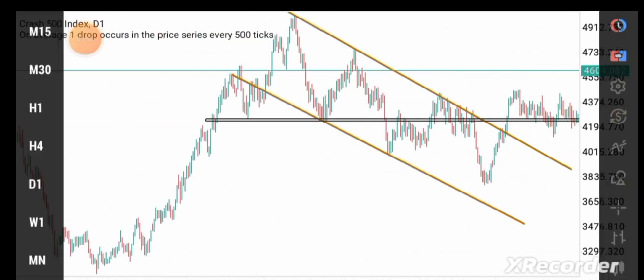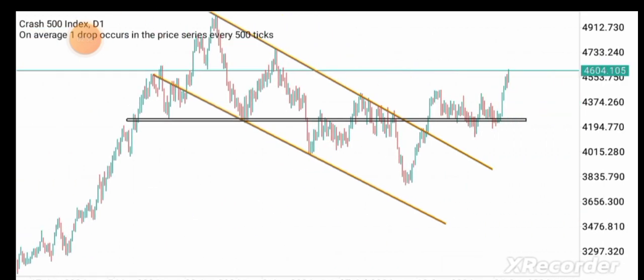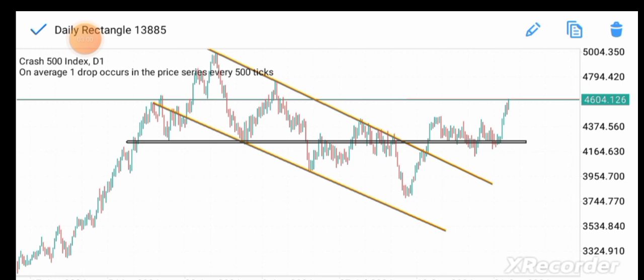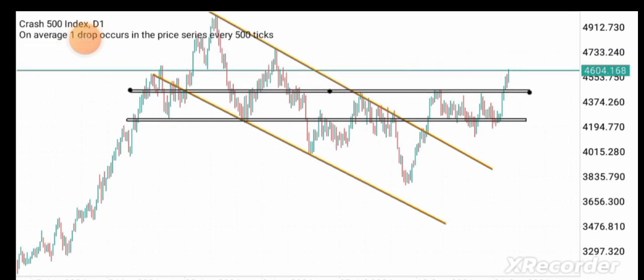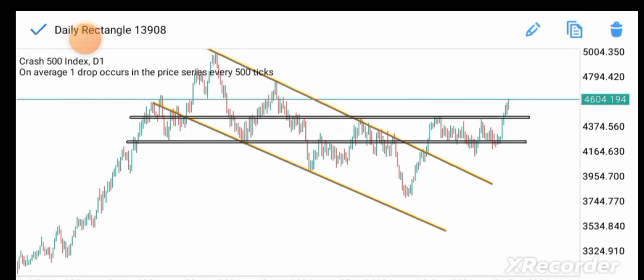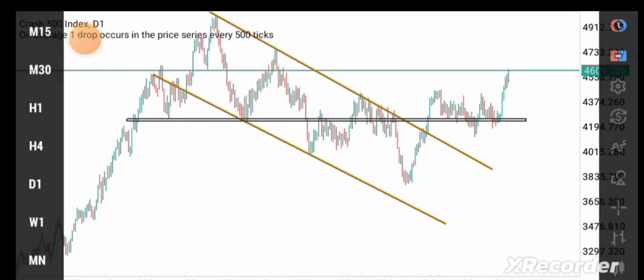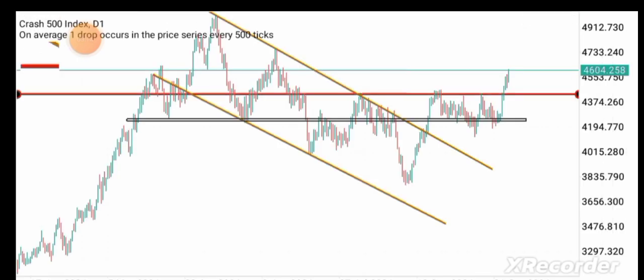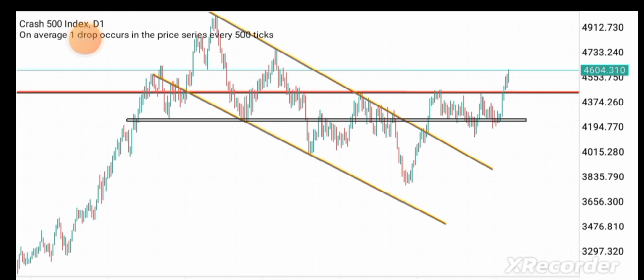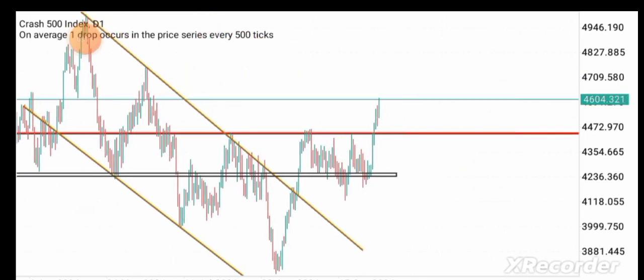The market bought and sold around this zone, and there's another strong level of resistance above here. You can see the market has been respecting those zones, and this is the daily time frame. That rectangle might be too large by the time we go to a lower time frame, so I prefer using a horizontal line instead. Those are the important key levels to look at for at this point.